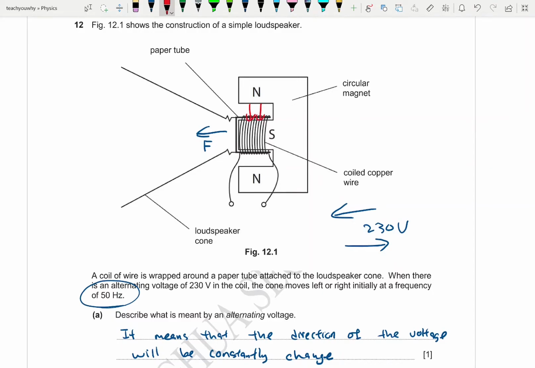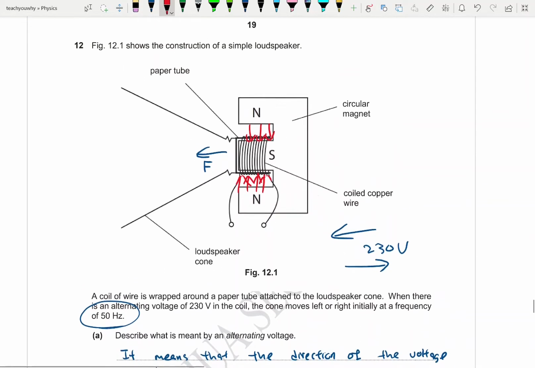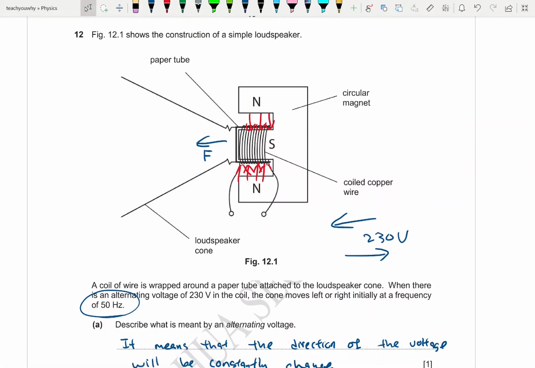So in order for there to be a force, if you use Fleming's left-hand rule, you will notice that there must be a current that is, hold on, let me try.